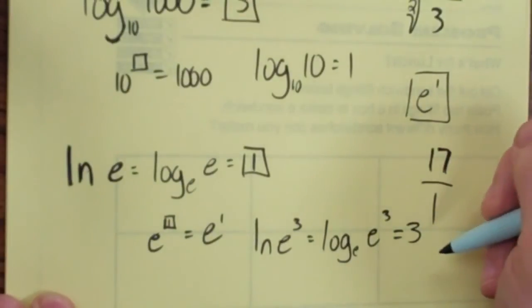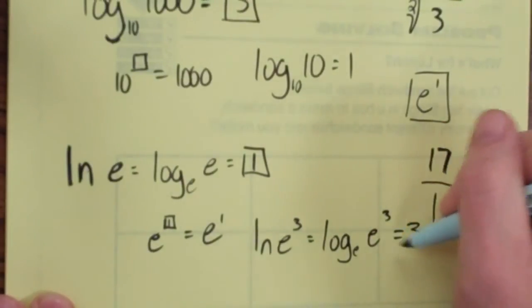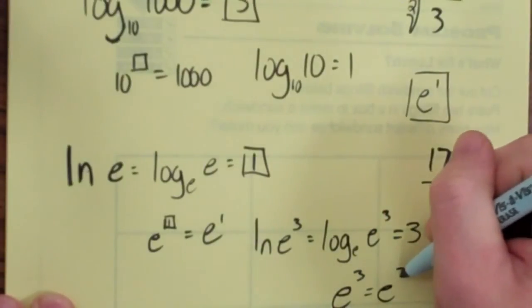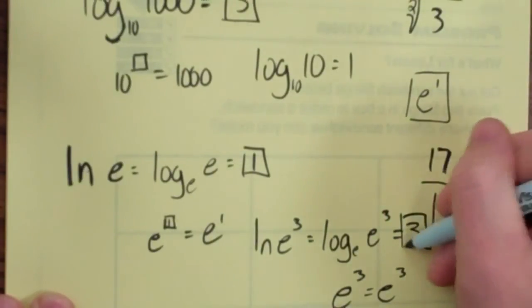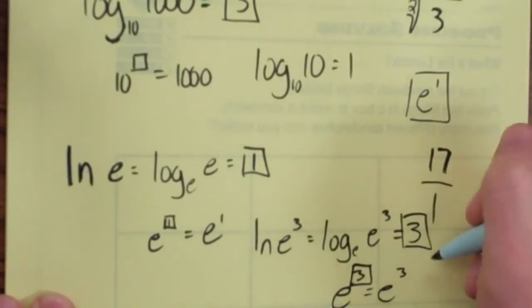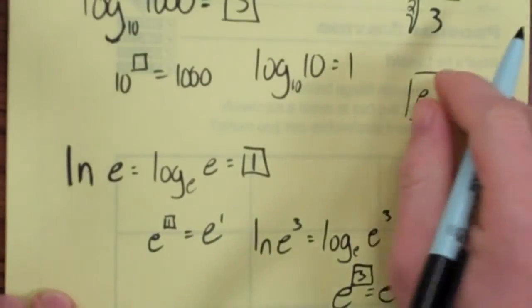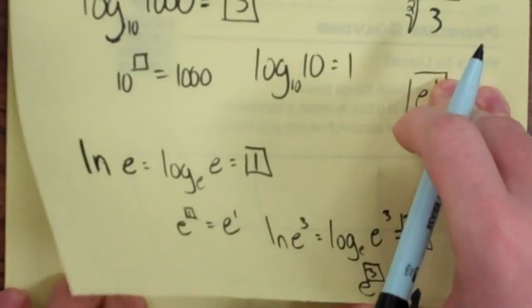Well, of course, that would be 3. e to the third is e to the third. This 3 is this 3. Okay. So those are two bases that we use. We just don't have to say it. Okay?